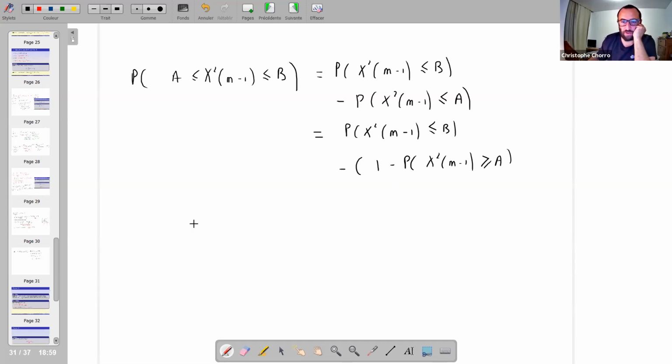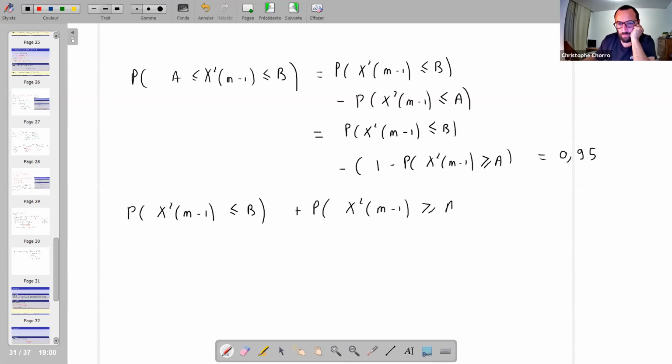So in other words, if I want to obtain a level of 95%, I have to find B and A such that the probability that the chi-square of parameter n minus 1 is less than B, plus the probability that my chi-square of parameter n minus 1 is greater than A, is equal to what?